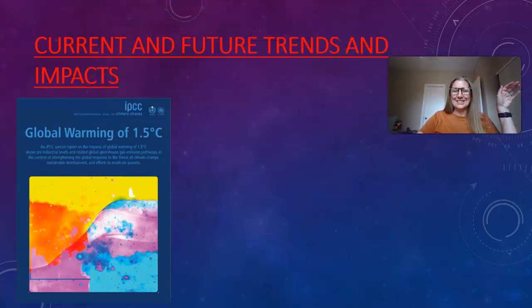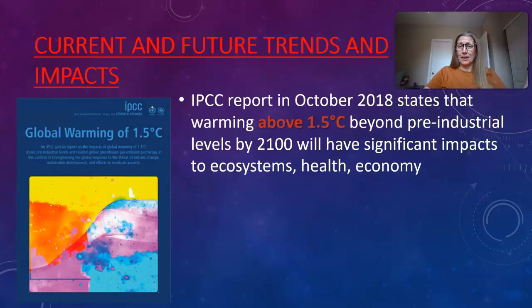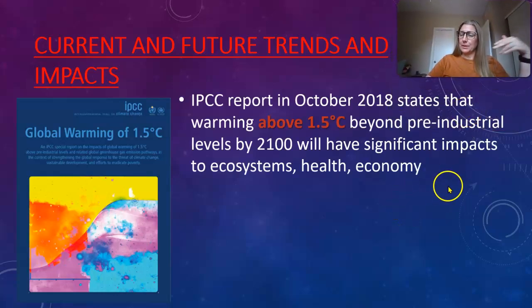Before I get into the impacts, nothing that you need to memorize here. I just want you to understand we have an intergovernmental panel on climate change, the IPCC. They put out reports periodically, and they've stated relatively recently that if we continue warming the planet another 1.5 degrees, then major impacts worldwide.